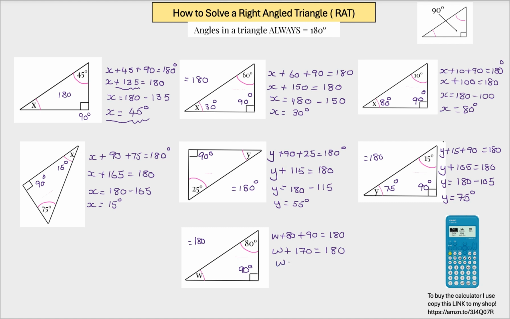And then W equals 180, remember, that hasn't moved, it's stuck to the equal sign. That goes over the equal sign and it becomes a negative. So W, our unknown, equals 10 degrees. So there you go. And once again, you could check. 80 plus 10 is 90. If, for example, you had 20 here, and 80 plus 20 came to 100, you would know something's wrong because it can only equal 180 in total.